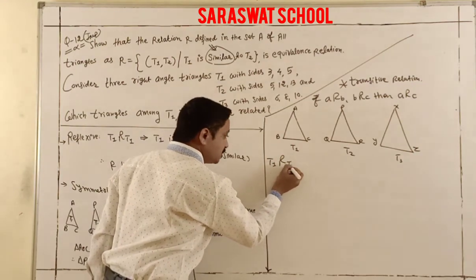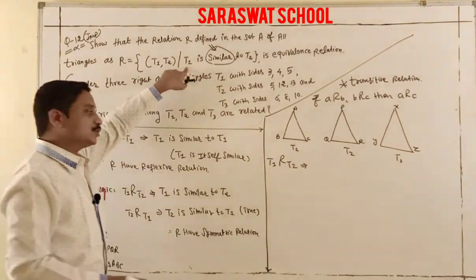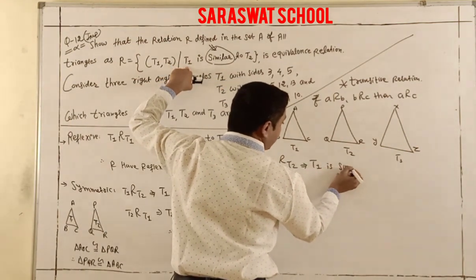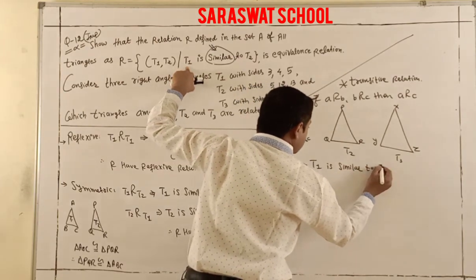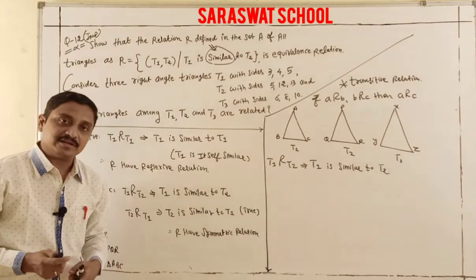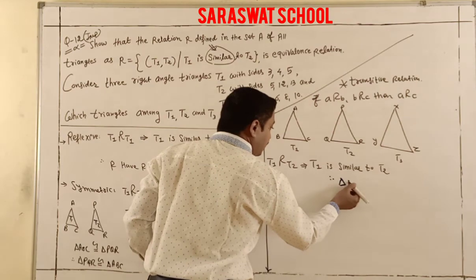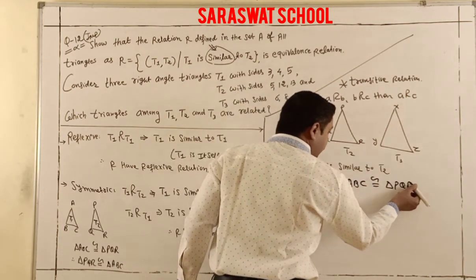T1 relation T2. What is the rule? T1 is similar to T2. Yes, T1 triangle and T2 triangle are similar, so triangle ABC is similar to triangle PQR.